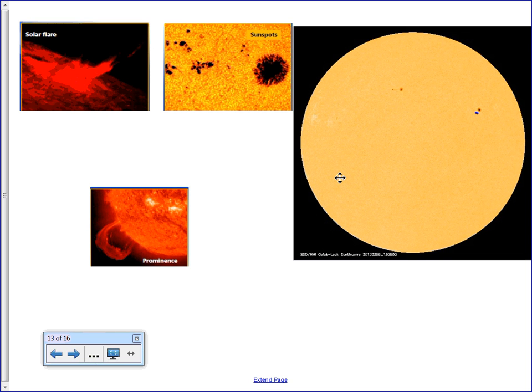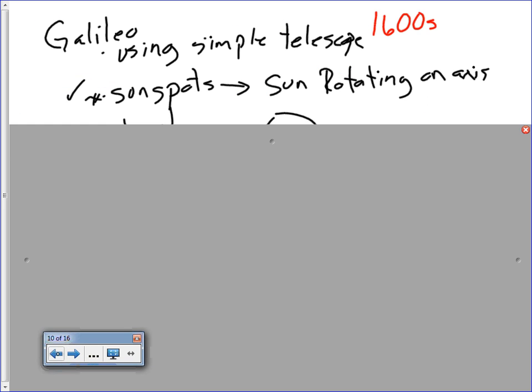So he could actually see this, and he recorded it. And again, in the time that they're developing cell theory and all that, this is when the scientific method really became developed as well. So he saw sunspots, he recorded them, and he said, you know what? It looks like the sun must be rotating on its axis.